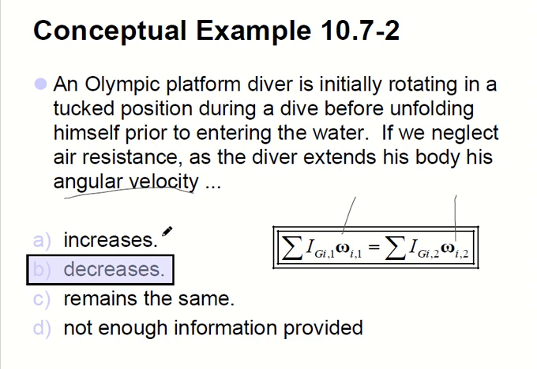So the very first one is increase. Let's just start with the mass moment of inertia. When this mass moment of inertia increases, it's going to violate the conservation of angular momentum. So therefore angular velocity is not going to increase in this case, where the diver goes from the tuck position and dives into the water.